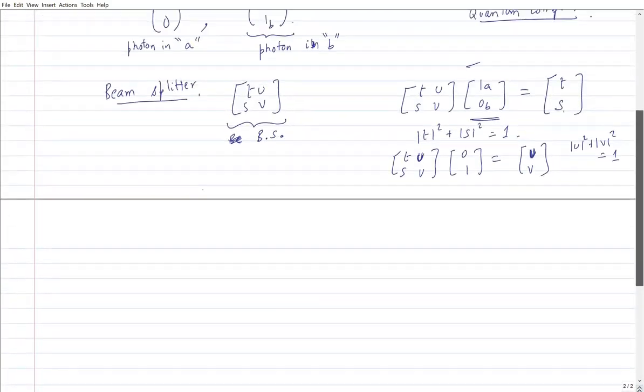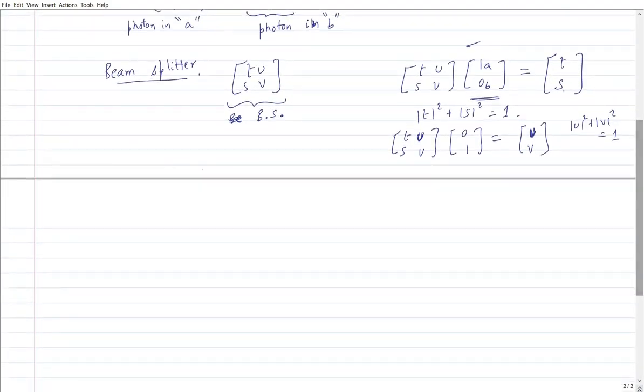So this is how I represent the beam splitter, and this is how I represent the photon. Any particular state of the photon alpha, beta, essentially means, I'm just removing the subscripts A and B, I won't be using them many times.